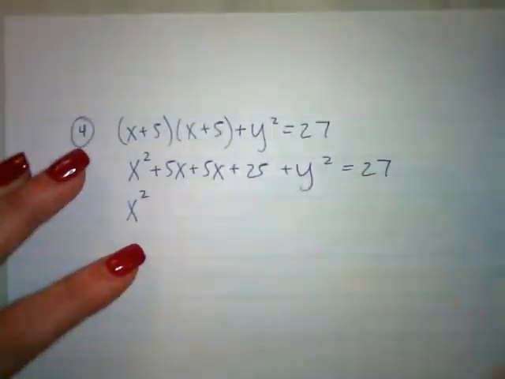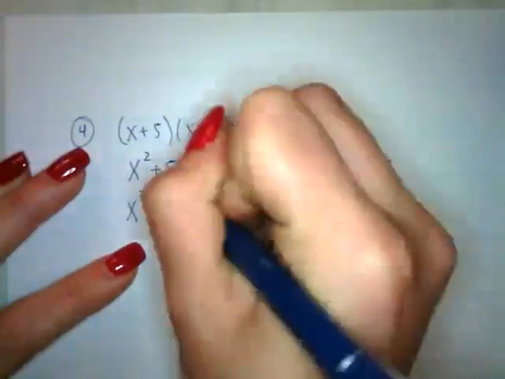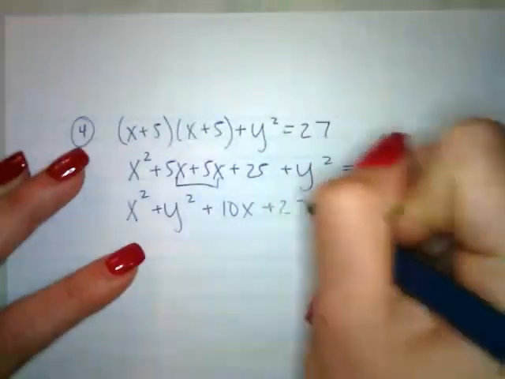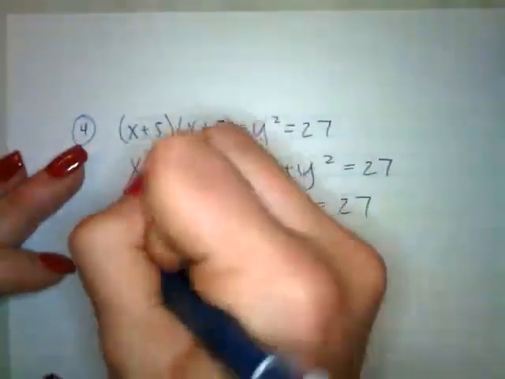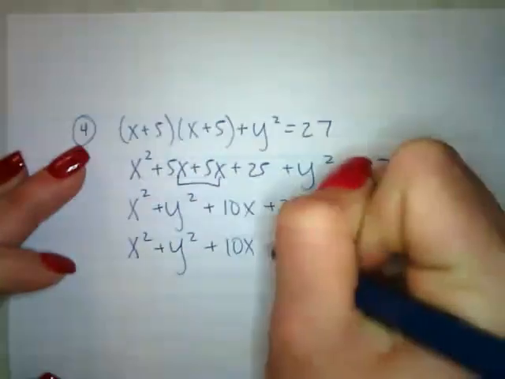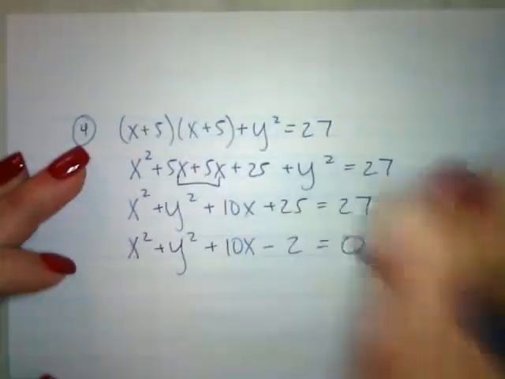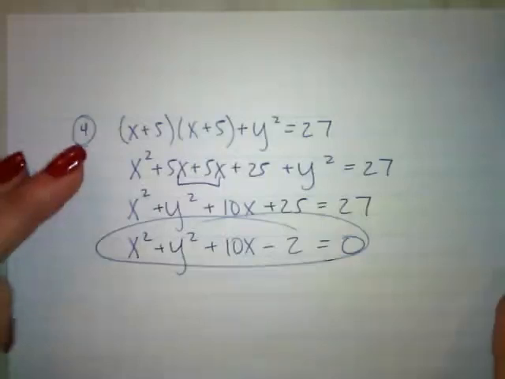I can combine like terms as well. Okay, got to subtract that 27 over to the other side, giving us our final answer.